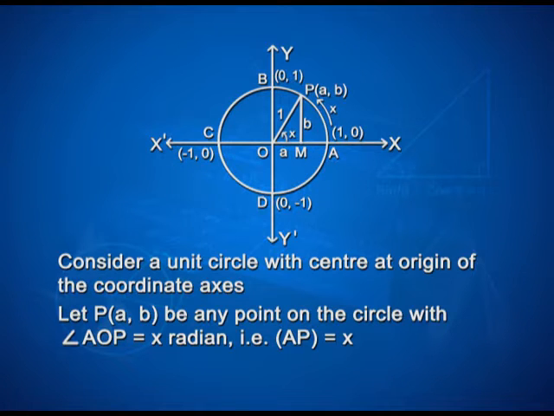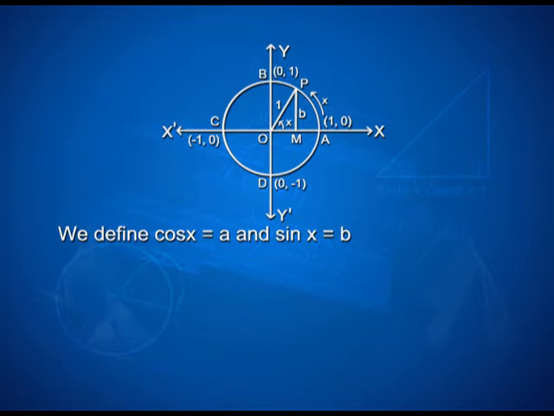Consider a unit circle with center at the origin of the coordinate axes. Let P(a, b) be any point on the circle with angle AOP equal to x radian, that is, the length of arc AP is equal to x. We define cos x equal to a and sin x equal to b.